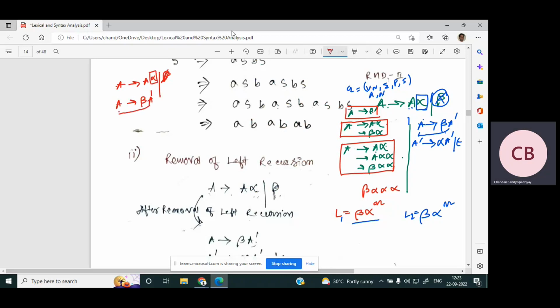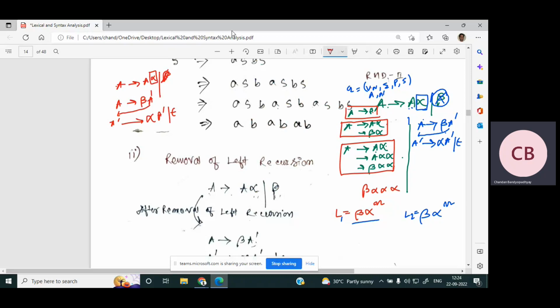So there should be a connection from A dash, because A dash is a new non-terminal. From A dash, what should you generate? Alpha A dash and epsilon. This thing you have to remember. Multiple times you have to perform this operation while designing a parser. That's why I am repeating the same thing three times. A to beta A dash, A dash to alpha A dash or epsilon.